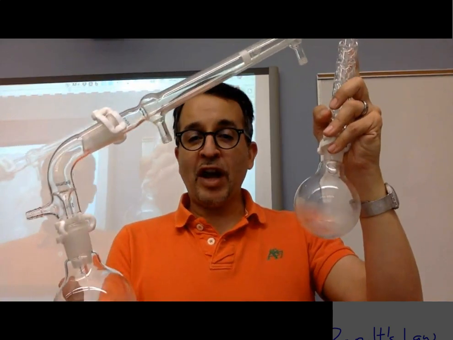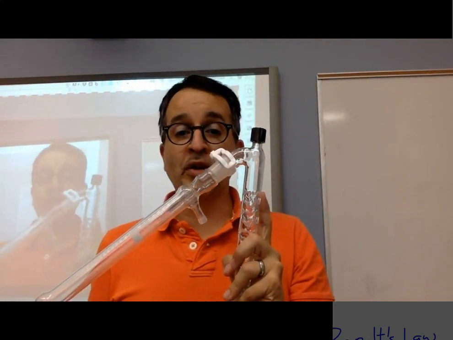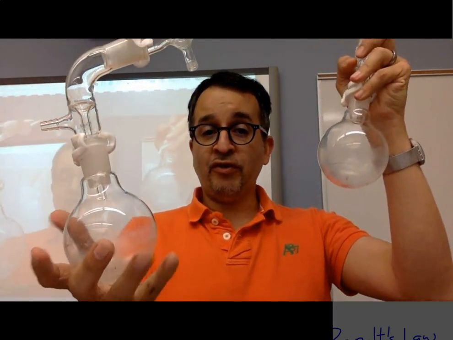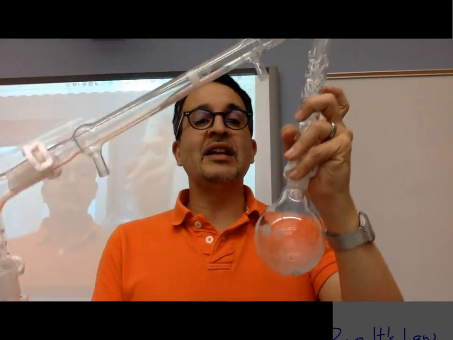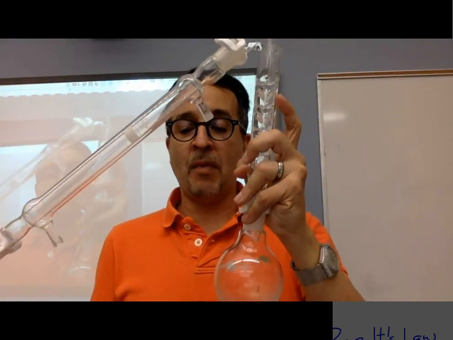As you see the different fractions coming out, as you see the first lower boiling point substance coming out, and when it stops, you can change your collection flask and get the next fraction and the next fraction depending on separating by their boiling points.